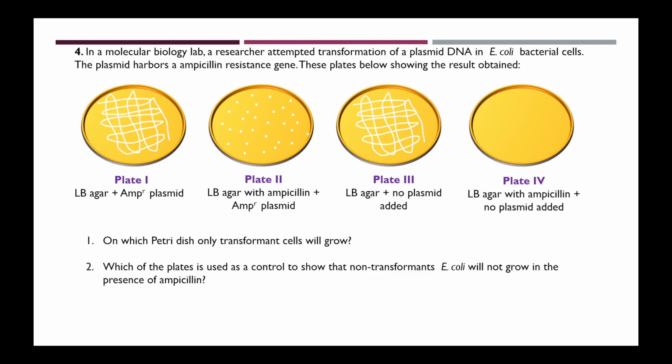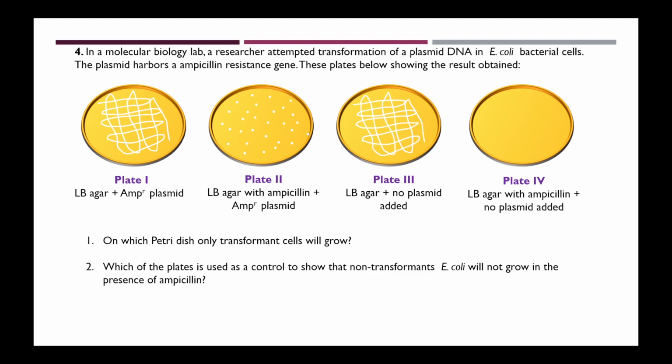Another plate here showing the LB agar with ampicillin added, and the ampicillin resistance plasmid also being added here for the transformation. Another here is normal LB plate and the bacterial cells without being added any plasmid.